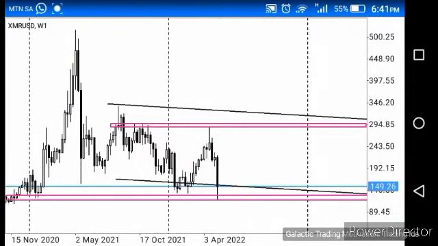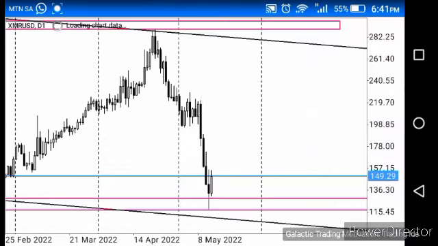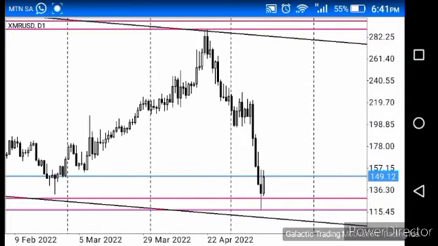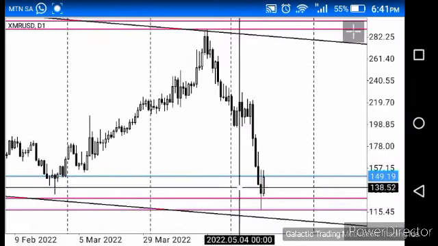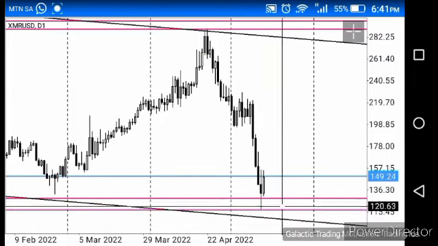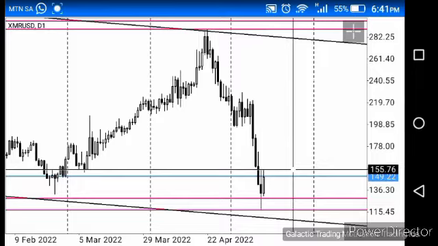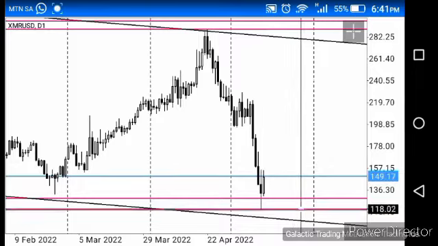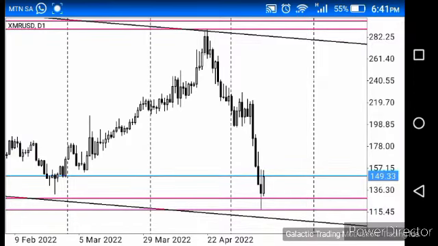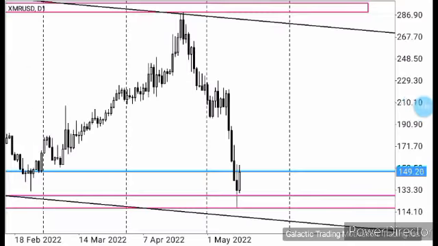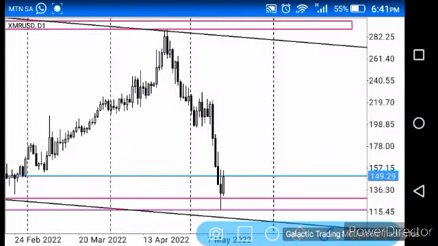Just to go back to the daily chart, as much as that's the case, price still needs to come down before actually going up because of this particular candlestick, which is a bearish candlestick with a small body and a long lower wick. So there's still quite a lot of liquidity sitting down here, and what I expect to happen is for price to come back to grab that liquidity that's sitting down here, right?